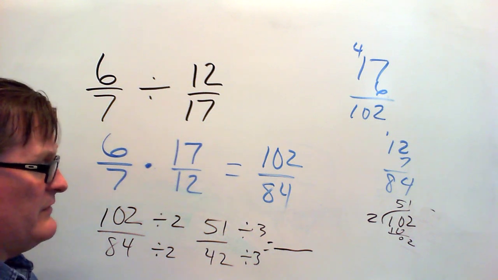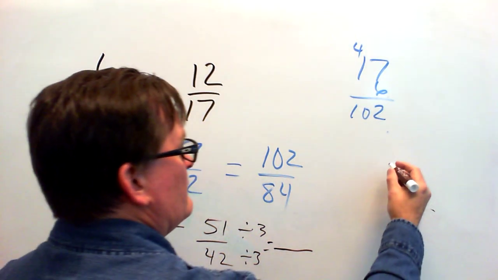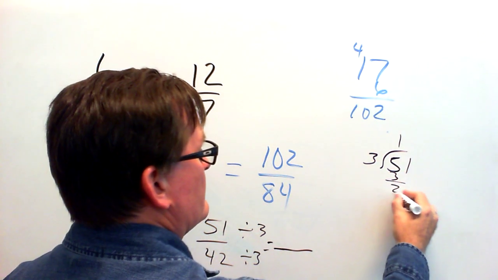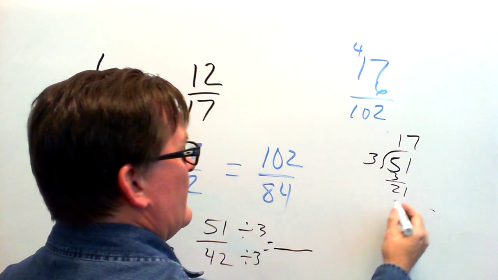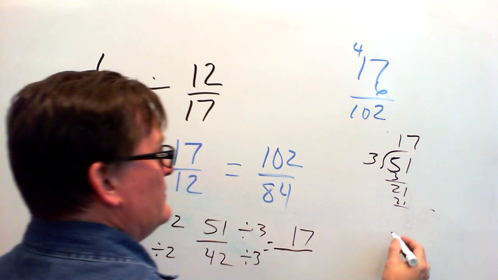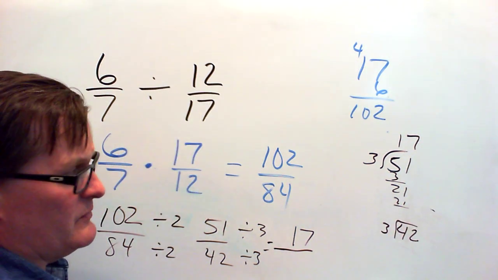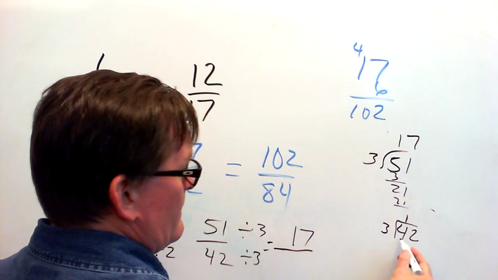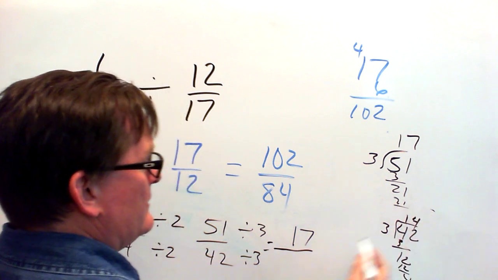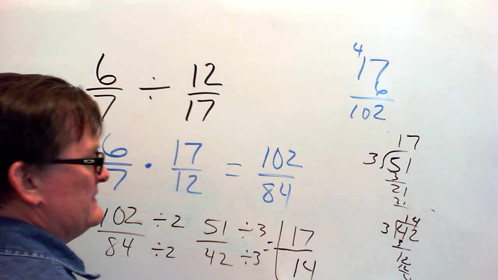These I'm going to have to do on the side, because I don't think I know them off the top of my head. 51 divided by 3. 3 goes into 21 7 times. So 17. And 42 divided by 3. See how sloppy my writing is, which is why I have to write big. 3 goes into 12 4 times, and I know that's a 0. So 17 over 14. Now I do have a fraction in simplest form.